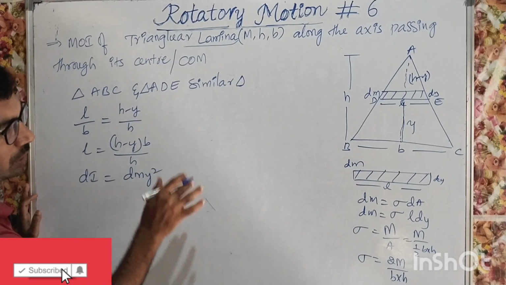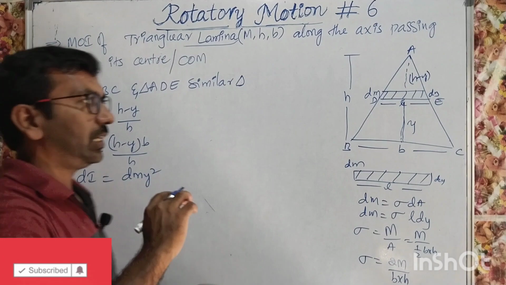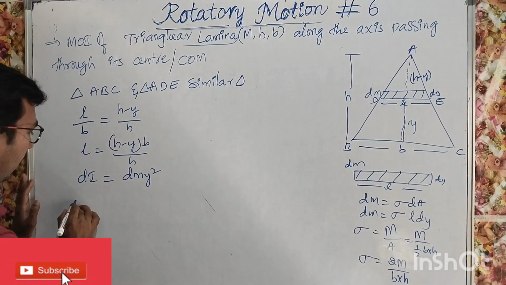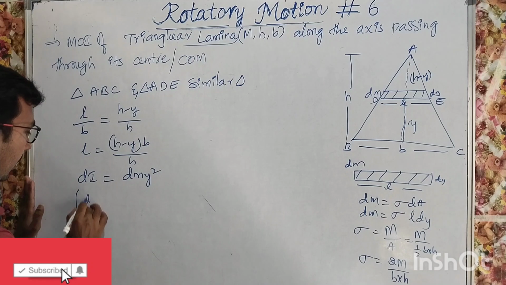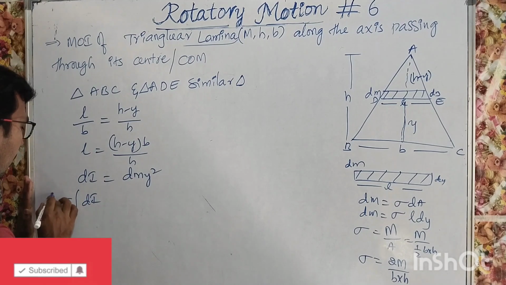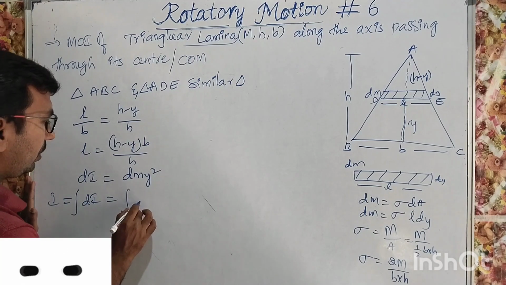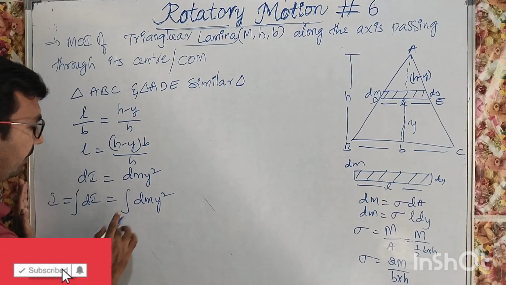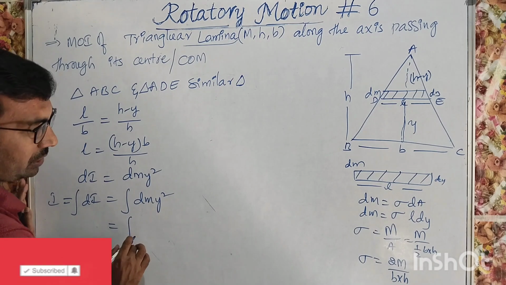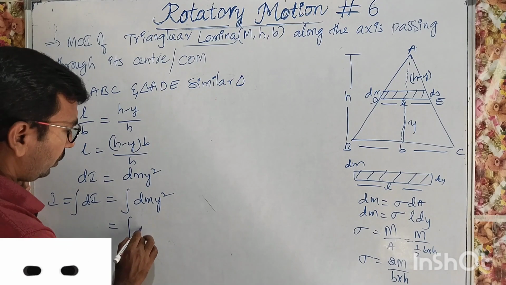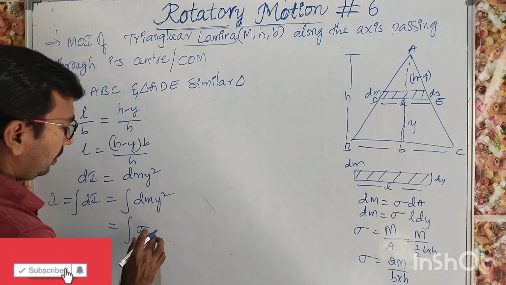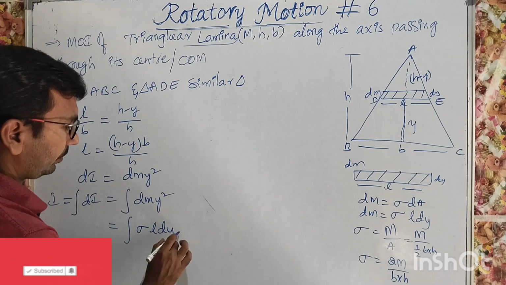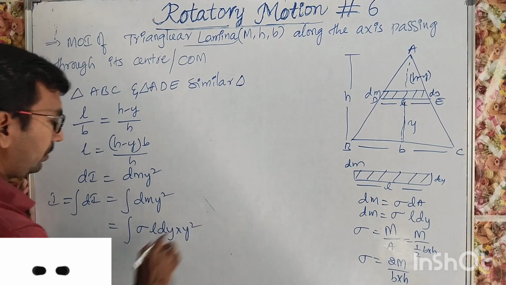You can find the total moment of inertia by integrating. Integration dI is equal to I, so integration dm y square. Substitute the dm value here: integration of sigma L dy into y square.